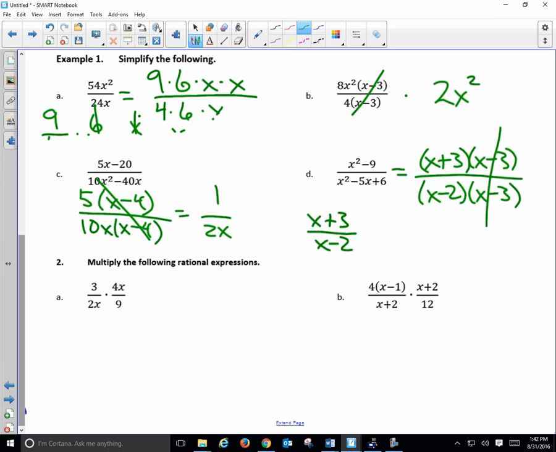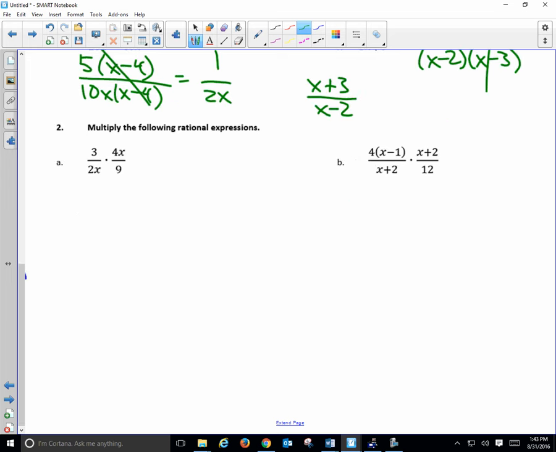And just for good measure, make sure we all understand what mistake somebody would make that would be entirely inappropriate here. Cut off the x's, okay? So make sure that you're making sense of your properties and doing the appropriate step.